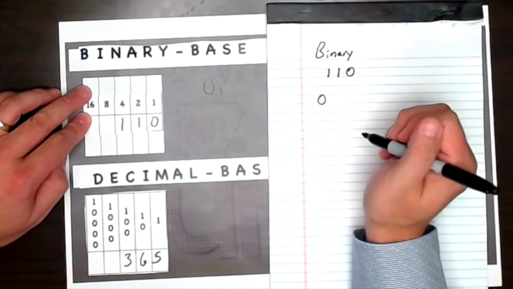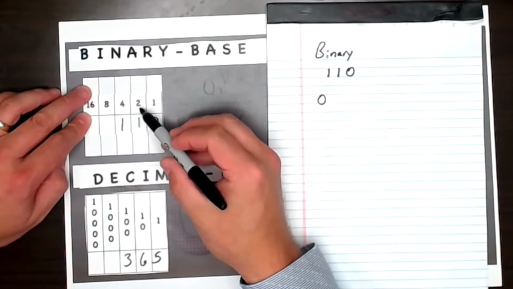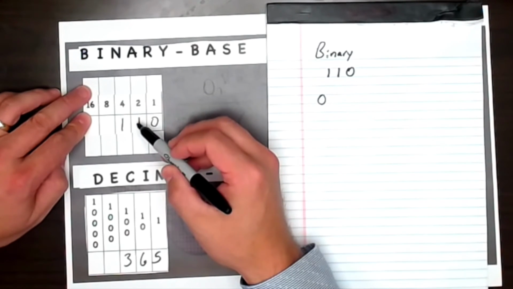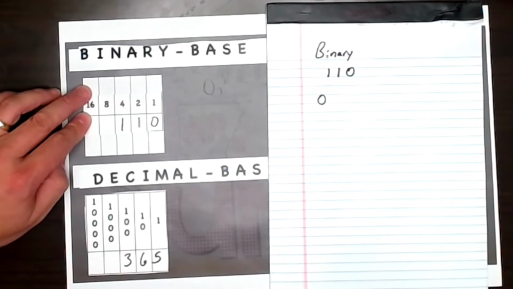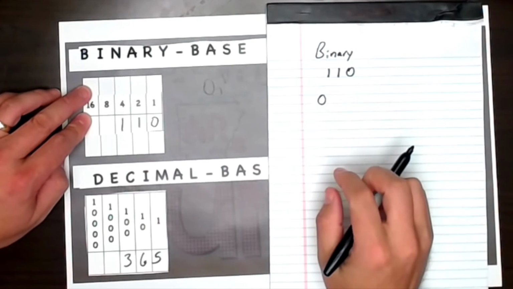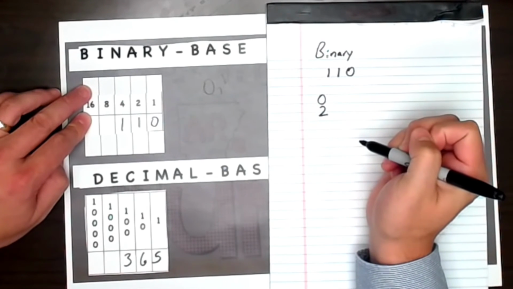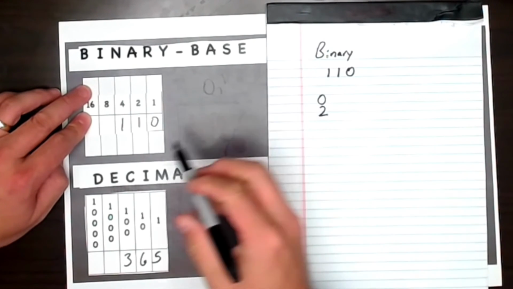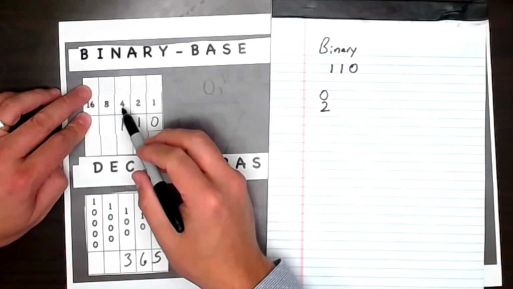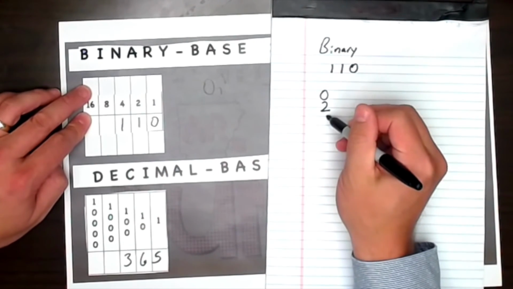Now, this is the 2's place, so if we think about it in the decimal number system, we have one number 2, so we have 2. And then here we have one number 4, so we have 4.